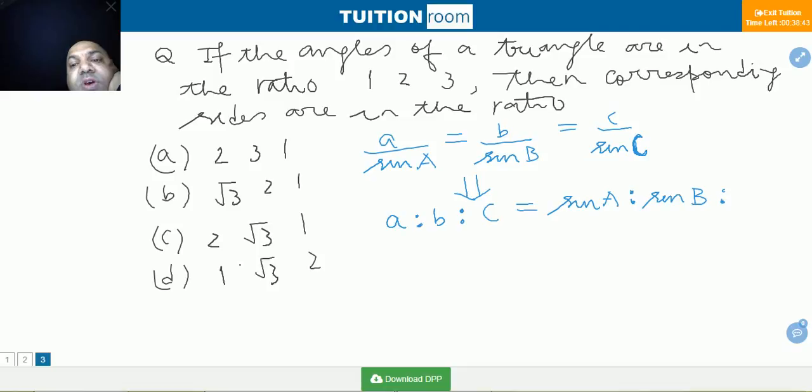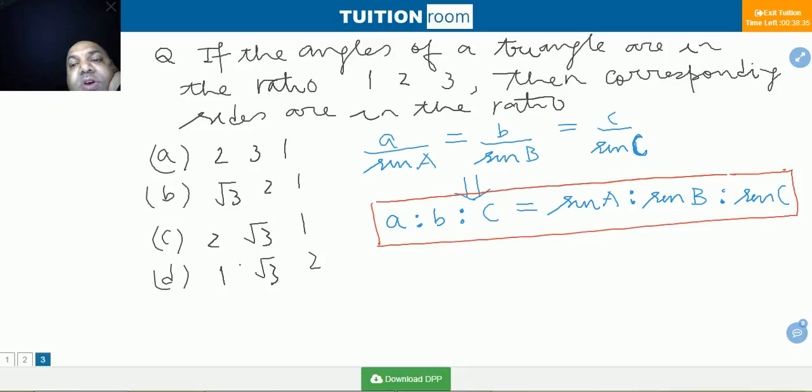Very important, you can remember it. The sides of a triangle are in the ratio a:b:c equal to the sines of the angles of the triangle. But the given ratios are the ratios of angles, not their sines.